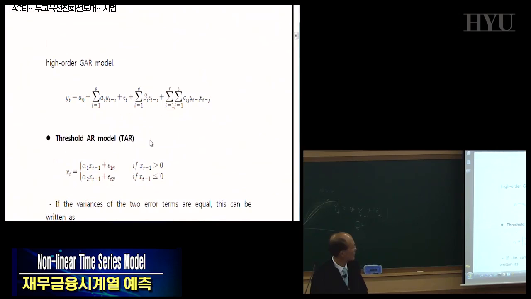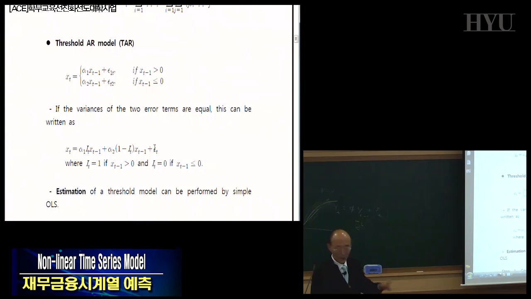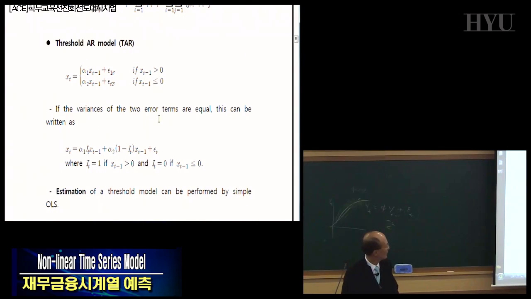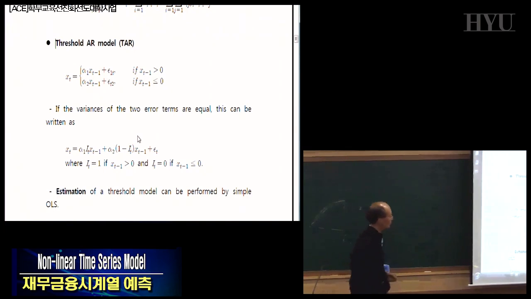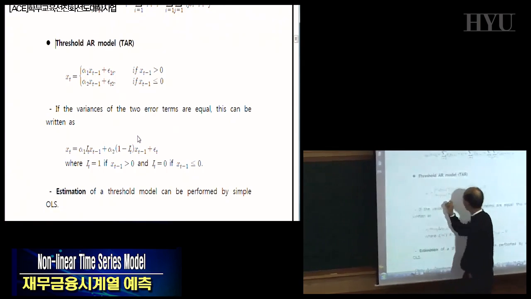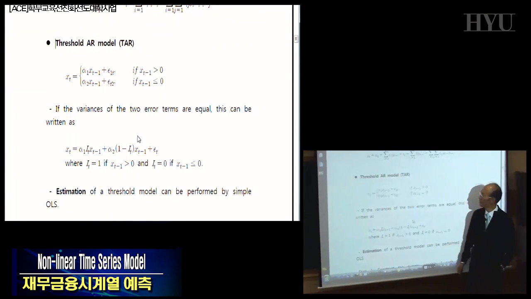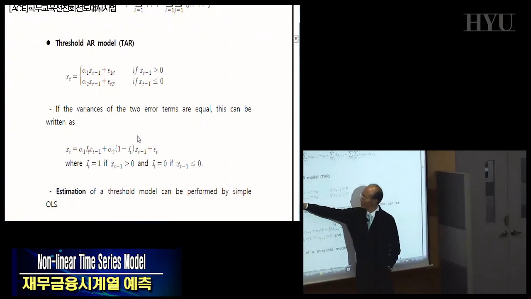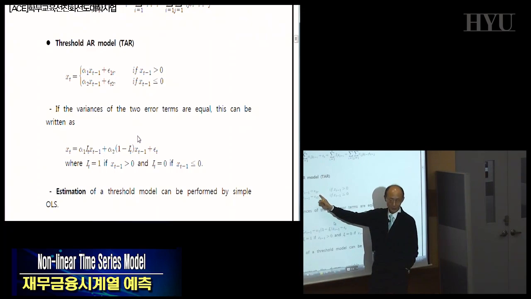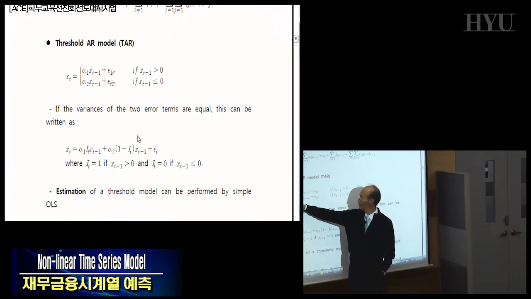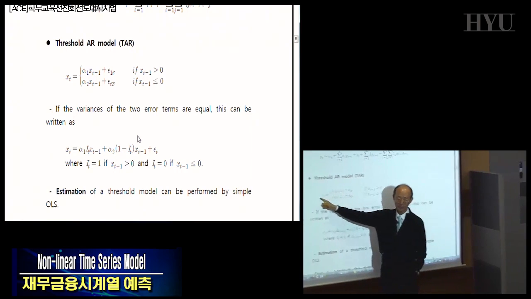Nevertheless, there are several applications we can think of. Before that, the threshold autoregressive model I mentioned previously, the TAR class model, is basically an autoregressive process in this simple example. It could be a general AR(p) process.